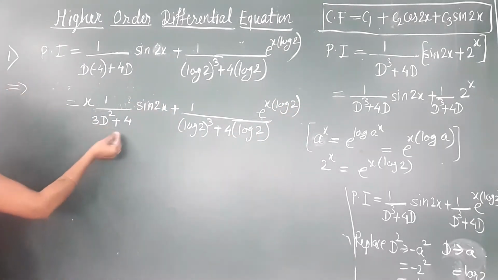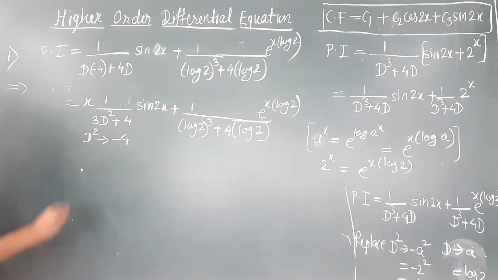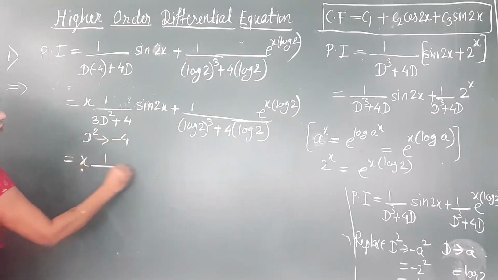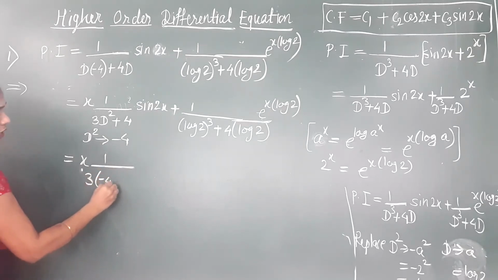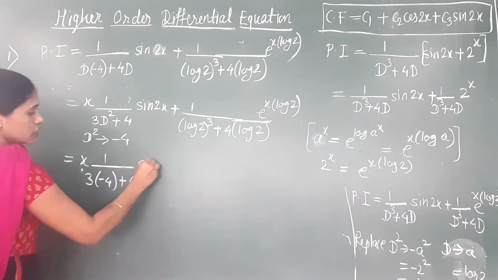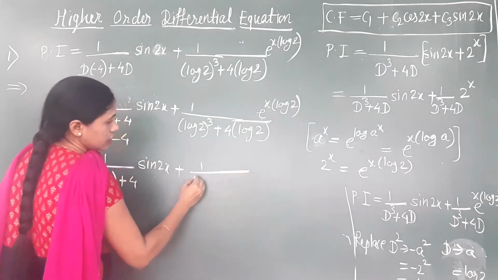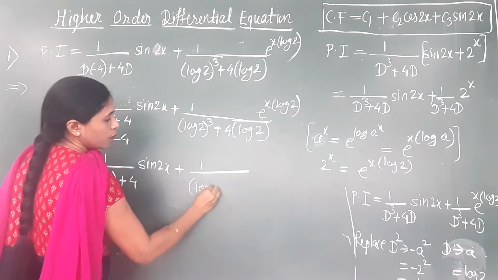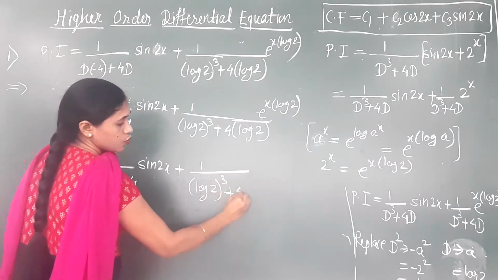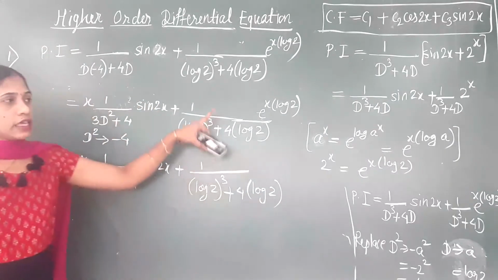Now again we replace D square by minus 4. So this becomes x multiplied by 1 upon 3 multiplied by minus 4 plus 4, multiplied by sin 2x, plus the second term as it is: 1 upon log of 2 whole cube plus 4 multiplied by log of 2, e to the power x log 2.